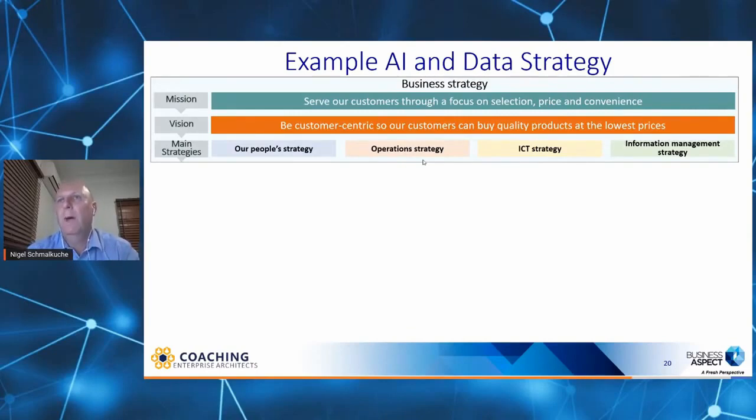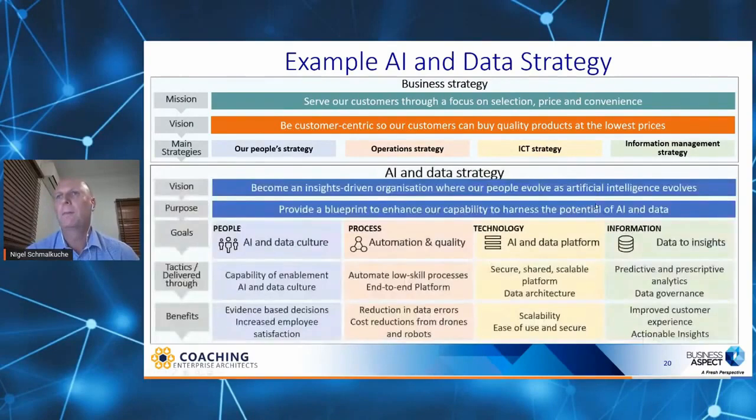And so the main strategies, and there could be a number of others here, I've got the people strategy, the operations strategy, the ICT strategy, and the IM strategy. But you could have others like corporate strategies, finance, a range of others. And one of the big ones these days is the digital strategy, where I quite often have the AI and data as one component of the digital strategy.